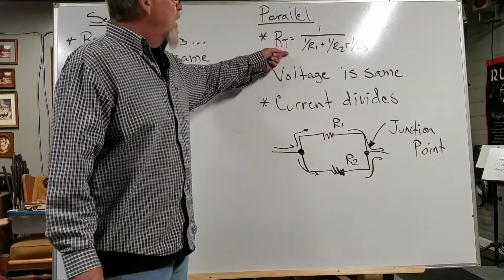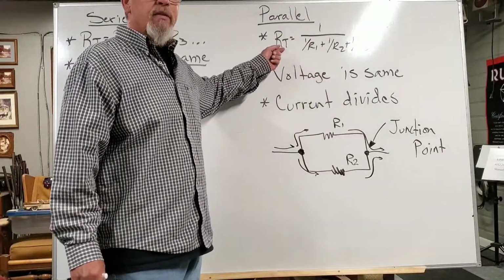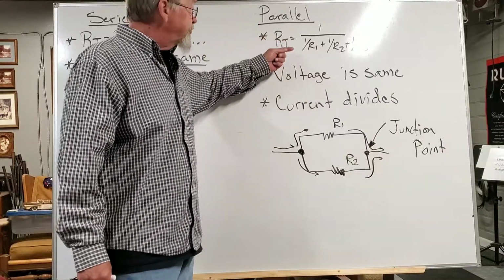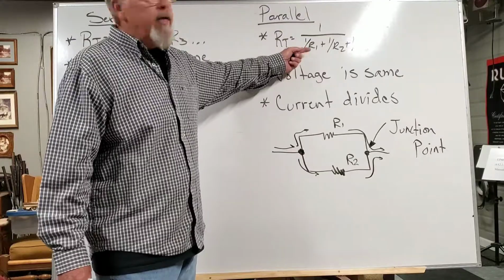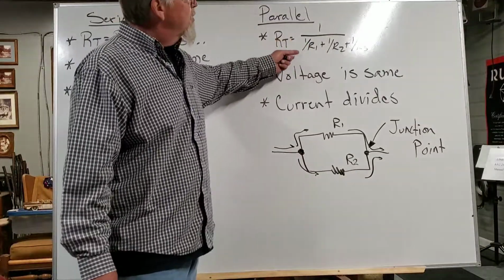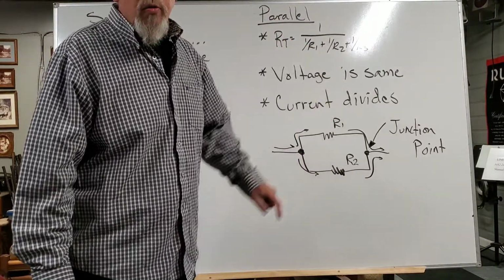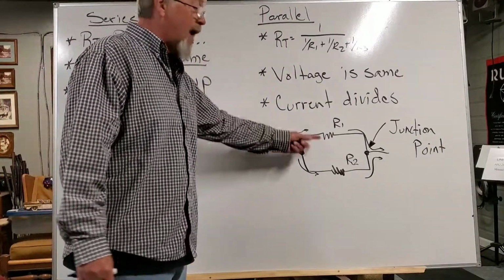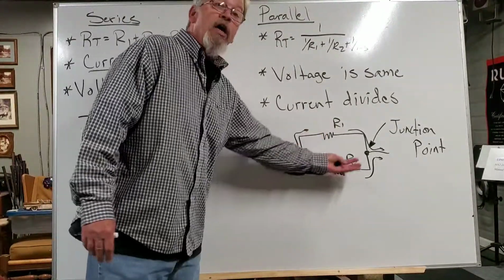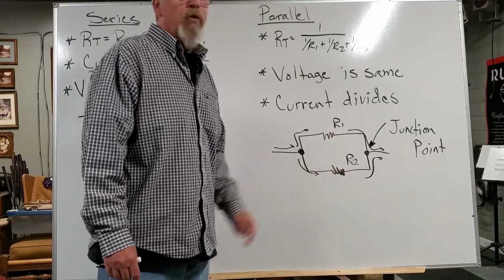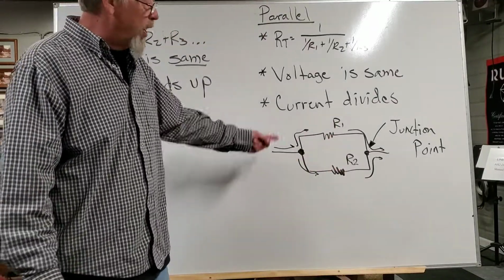And then last, you've got to find total resistance in a parallel circuit. In a parallel circuit, you use the 1/over formula, because we're not adding resistances, we're actually adding the conductivity of each one of these paths that we have here.